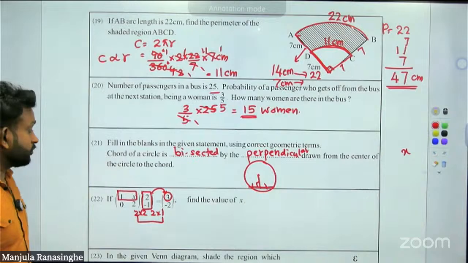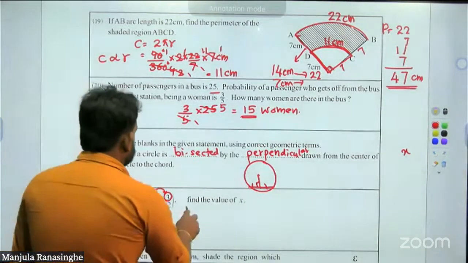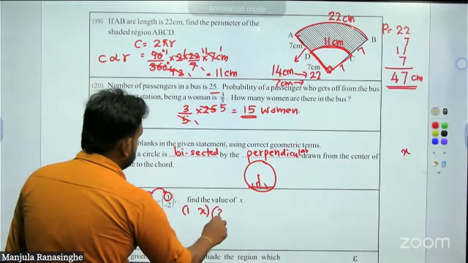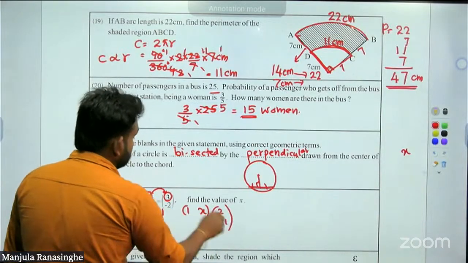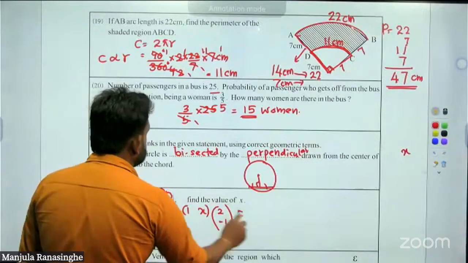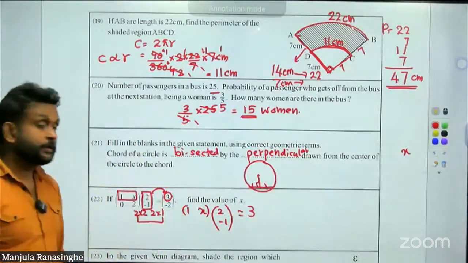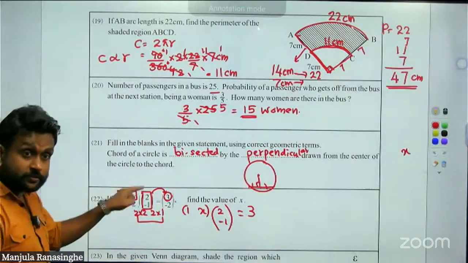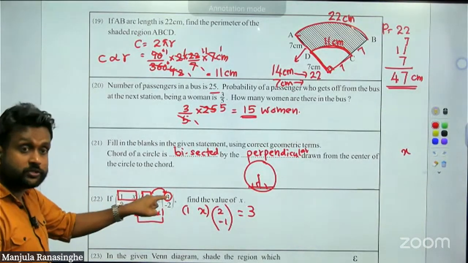Okay. Then you write here the 1 and x multiply with the column 2 and minus 1. Multiply these two and it gives the answer on the right side as 3. So just check the corresponding element. This row, this column multiplication gives you the 3.